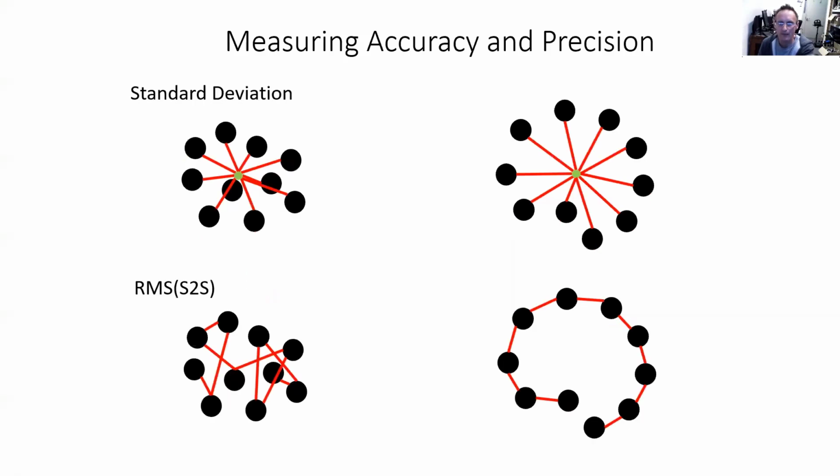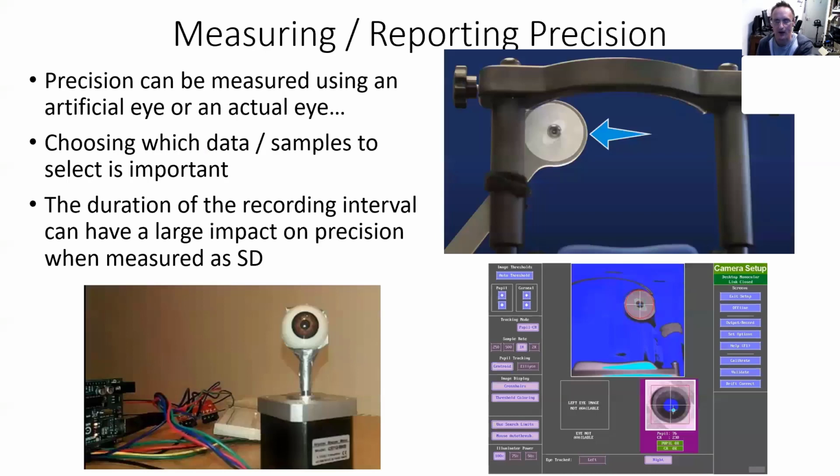So I hope that makes some sense. Just to hammer that home, standard deviation is the average distance of each sample from the mean location of all of those samples, whereas RMS S2S is the average, if you like, distance between consecutive samples. Slightly different, and they're both sensitive to slightly different things. You can calculate both quite easily, and I'll show you how.